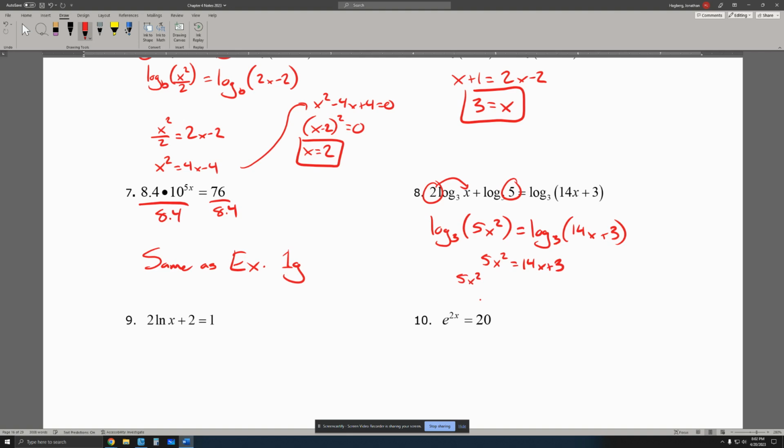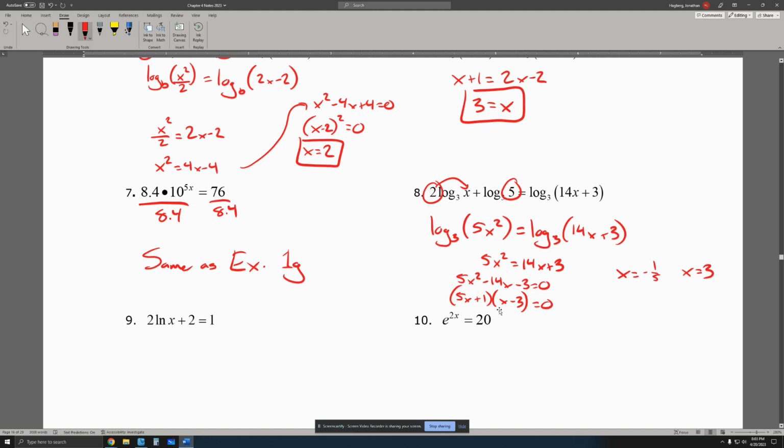Setting everything equal to 0, we get 5x squared minus 14x minus 3 equals 0. This factors to 5x plus 1 and x minus 3. So we get solutions. X is equal to negative a fifth and x is equal to 3.